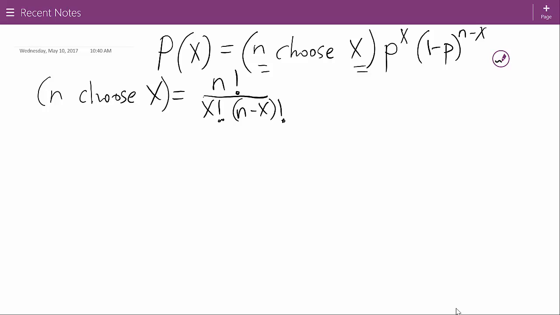A factorial is the product of all integers starting from 1 and ending in whatever number you're trying to factorize. So for example, 5 factorial is the product of 1 times 2 times 3 times 4 times 5.